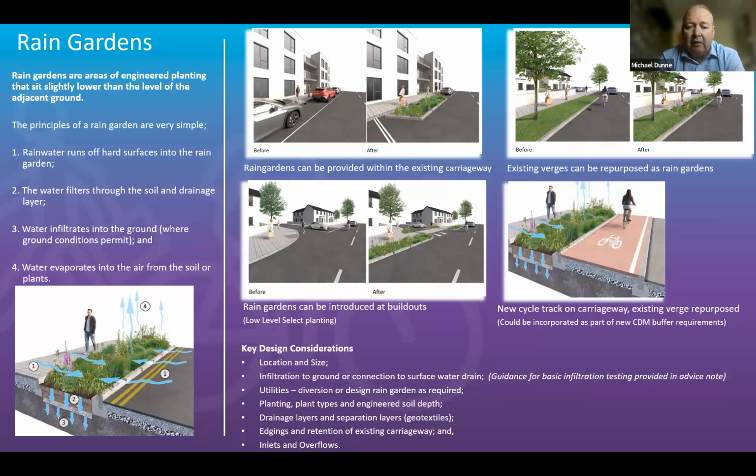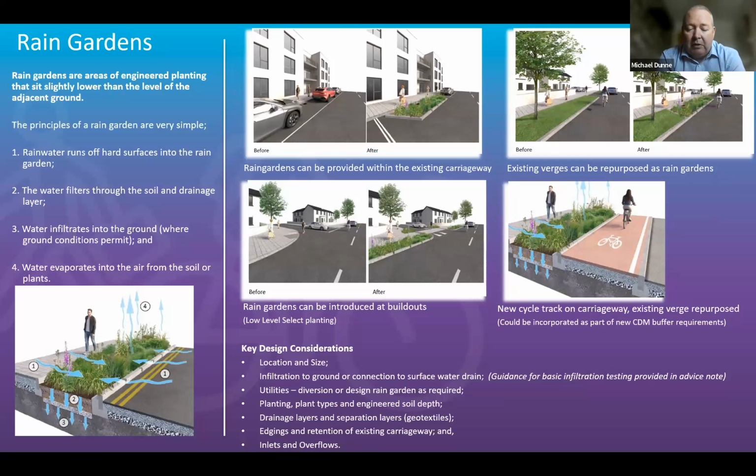We need to consider utilities. Have we got utilities where we're proposing rain gardens? Do we need to divert utilities? Preferably not, and we preferably try to design the rain garden around the utilities. We need to consider the plant types and the engineered soil depth. Again, that's where I'd lean on my landscape architect colleagues.